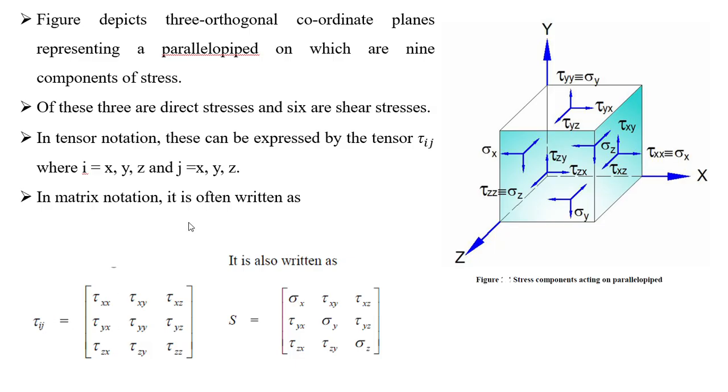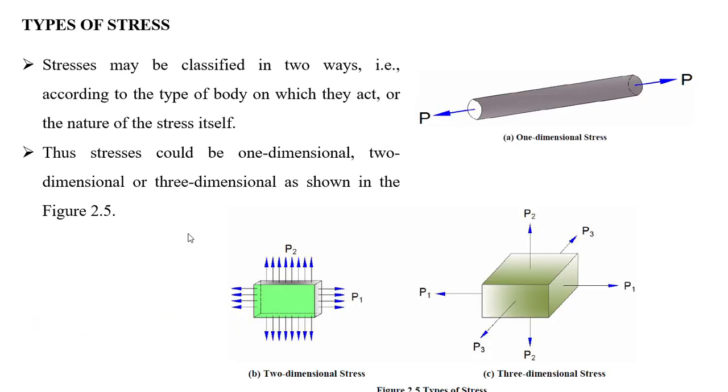And similarly, we will see various types of stresses, and we know all of those. The stresses may be classified in 2 ways: according to the type of body on which they are acting, or the nature of the stress itself, which direction it is acting. So the stress could be one dimensional.